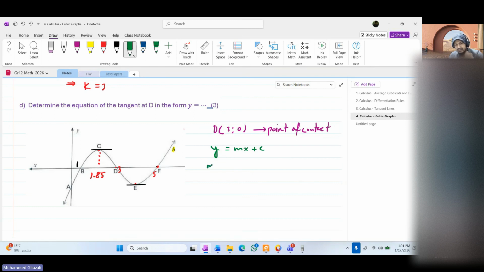What is the gradient? Gradient is equal to f prime x, evaluated at x is equal to 3 because the known point is 3. What is f prime x?